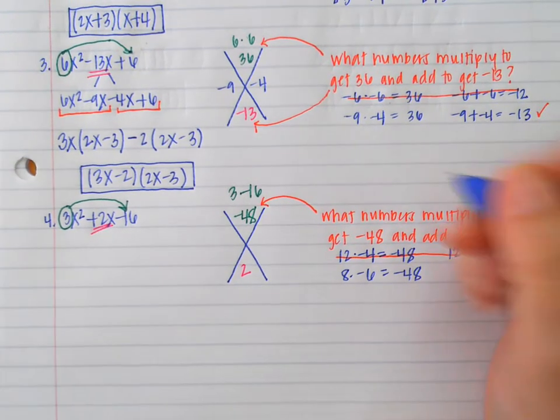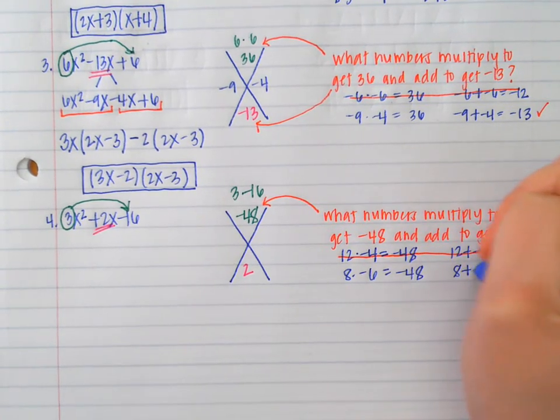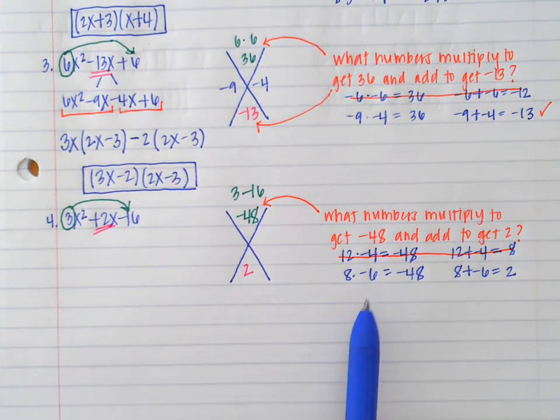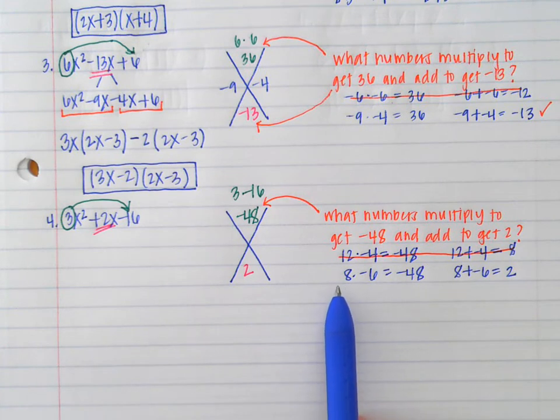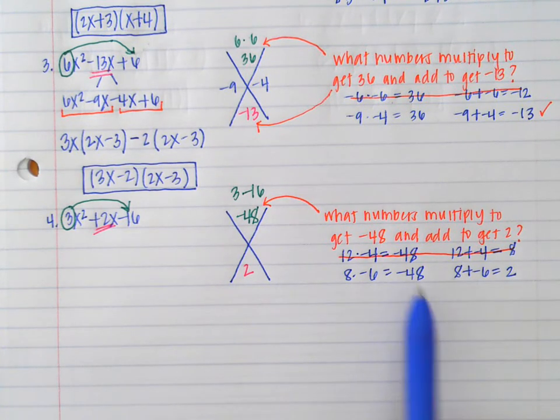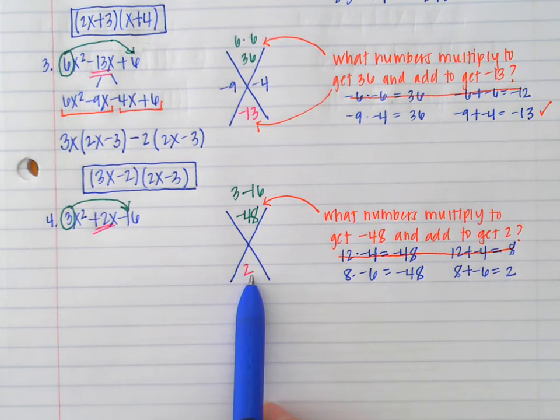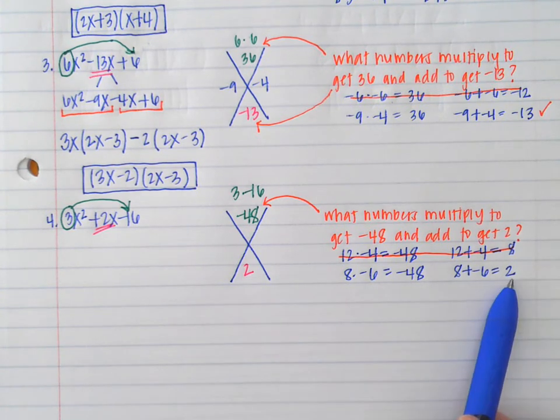And 8 plus negative 6 is positive 2. Now, if you switched it around, negative 8 times positive 6 still gets us negative 48, but negative 8 plus positive 6 would get us a negative 2, which isn't this number. So that's really important that the signs are working for you.